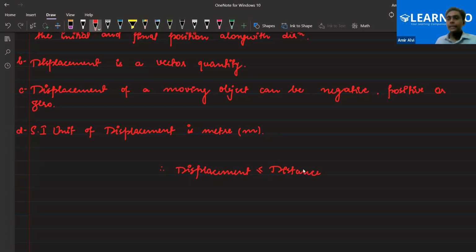So displacement can never be greater than distance. Please keep this in mind. The max is that it will be equal to distance.